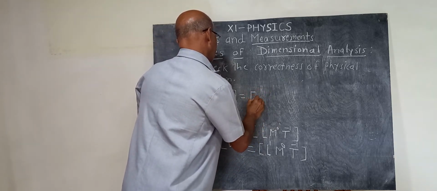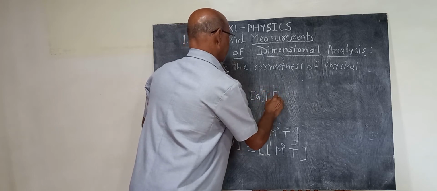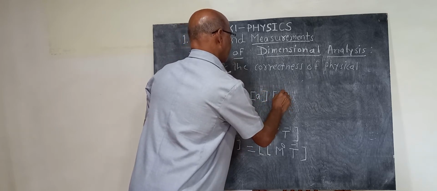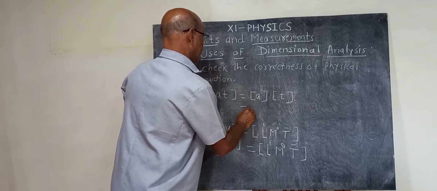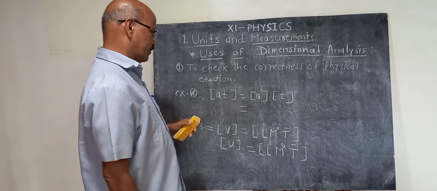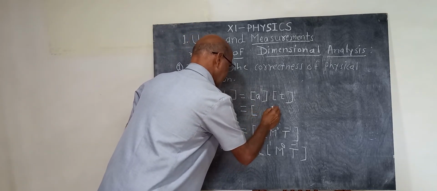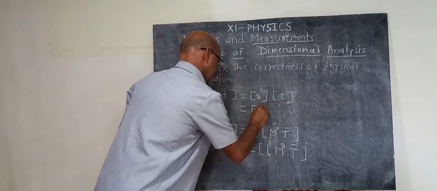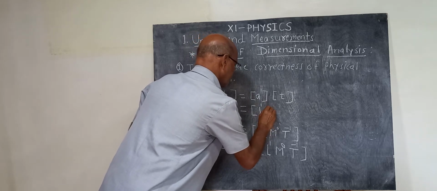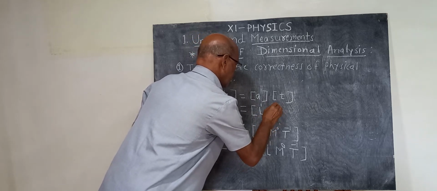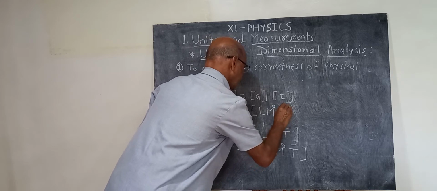This can be written like this: [A] into [T]. Knowing the dimensions of acceleration, we can write 1 in length, 0 in mass, and minus 2 in time.